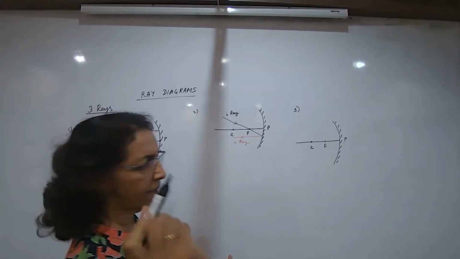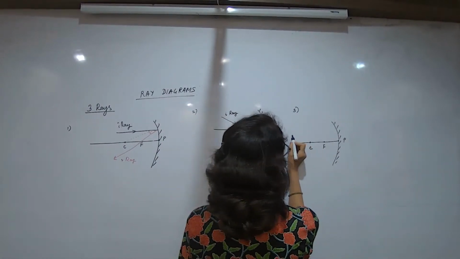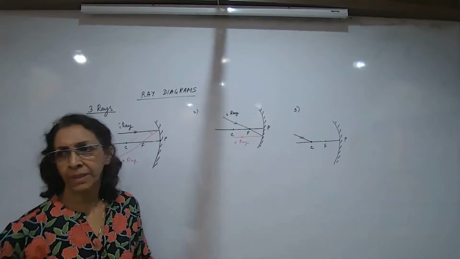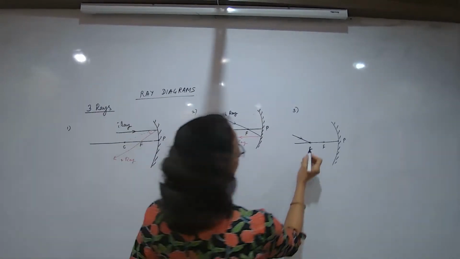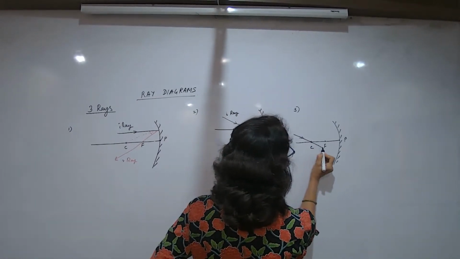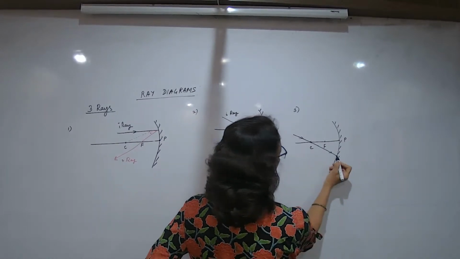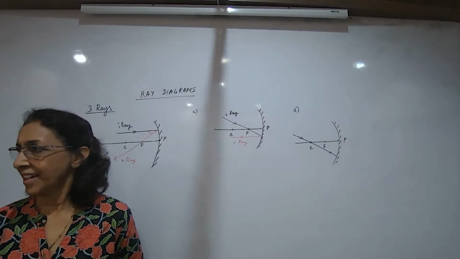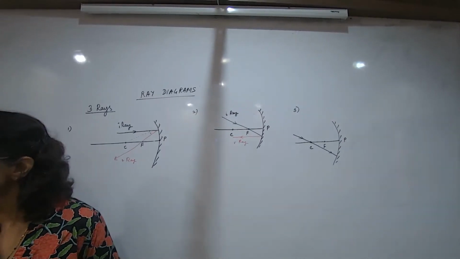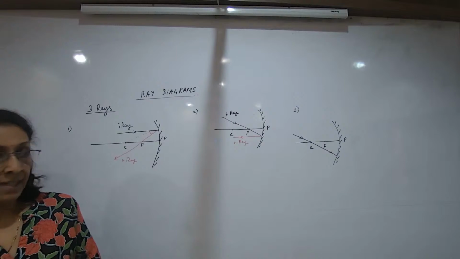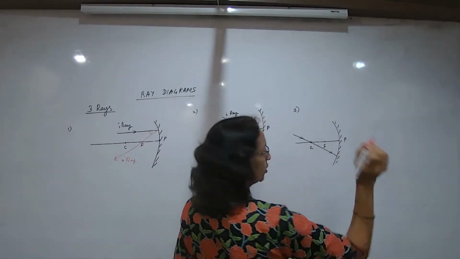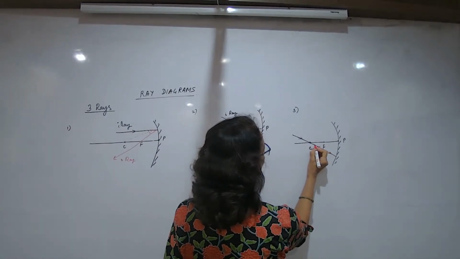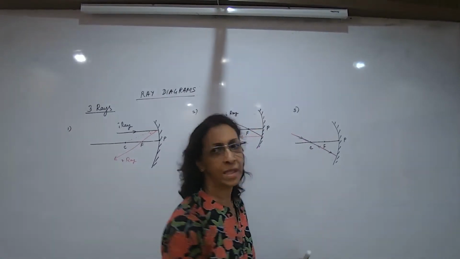I'm taking my black pen and drawing a ray passing through C. What will happen? Draw a straight line passing through C. It's a straight line. Again, come back, following the same path. Yes. After it hits the surface, it's getting reflected. Okay. It is getting reflected on the same path. So using my red pen, I'm drawing a line on this to show that it is getting reflected on the same path.